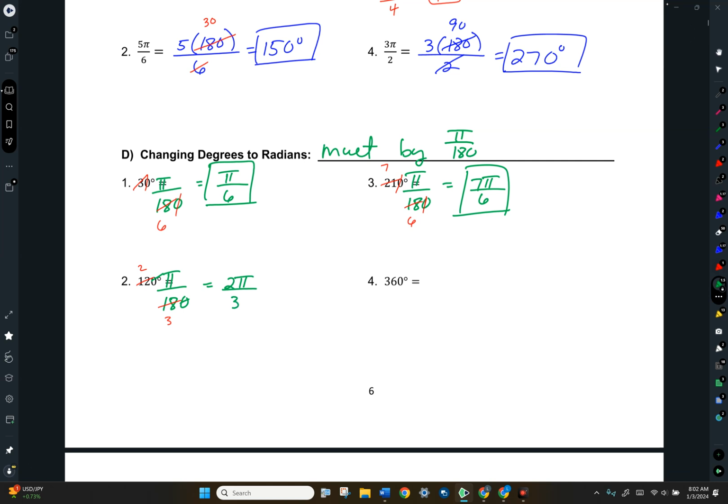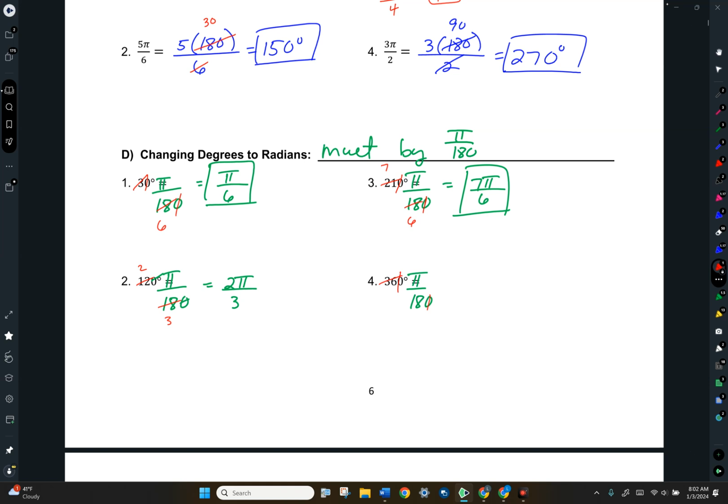Okay, number 4. I'm going to change this to radians, which means I want to get the pi in there. So if I multiply by pi over 180, you could think, well, 180 is half of 360, or maybe you don't think in big numbers like that. Cancel the zeros. Can you recognize that 18 is half of 36?